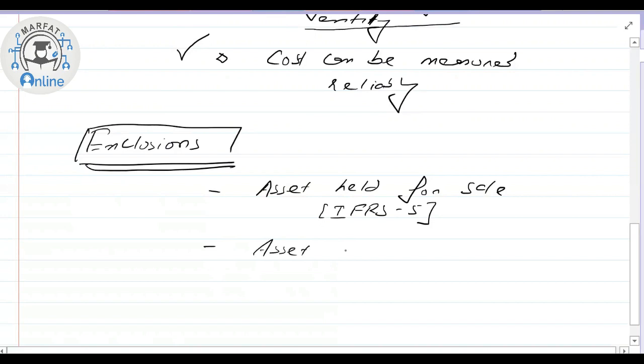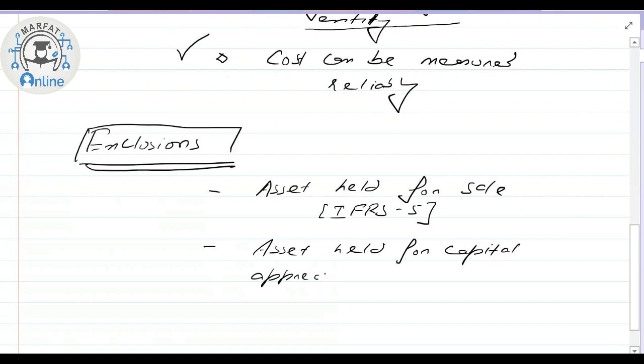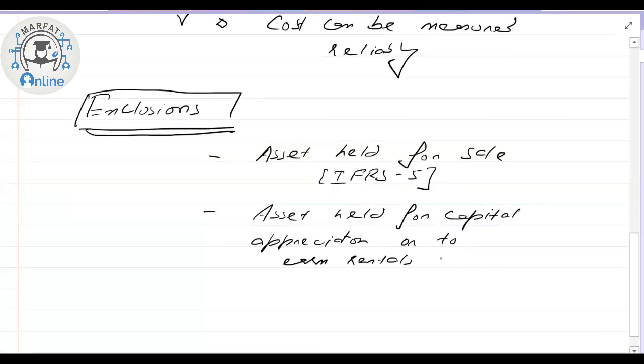Similarly, assets held for capital appreciation or to earn rentals. Like for example, you have a building which you have given on rent. Say you have two adjacent buildings.